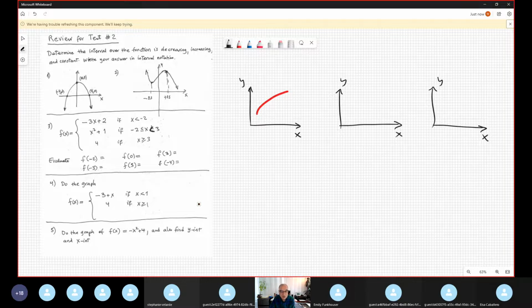Why? Because you pick, for example, 2 arbitrary points, x1, x2, and the corresponding y values, y1, y2. The situation is you take x2 bigger than x1, and this implies that y2 is greater than y1.